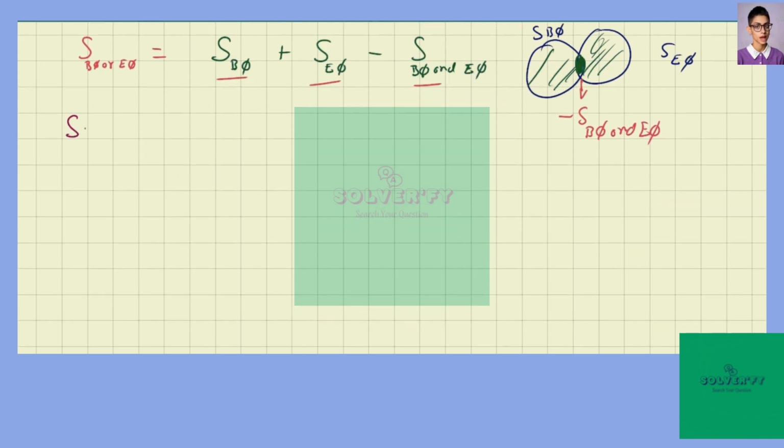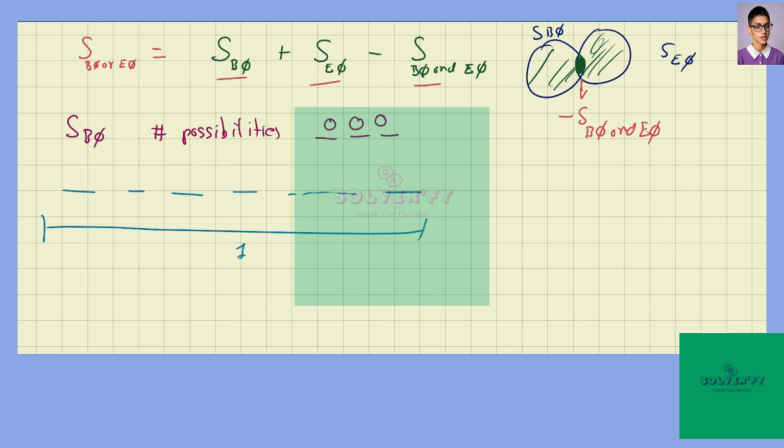So let us start with S_B, the number of possibilities, or ways, of a string that begins with 3 zeros. Okay, so the length of our string is 10, and the first 3 positions are going to be fixed by the 3 zeros.